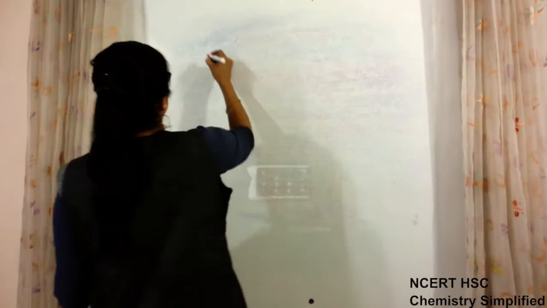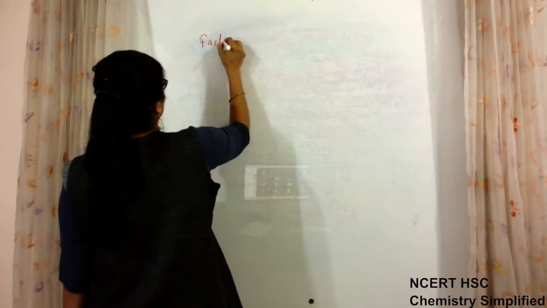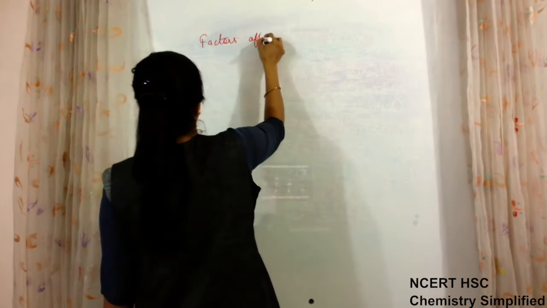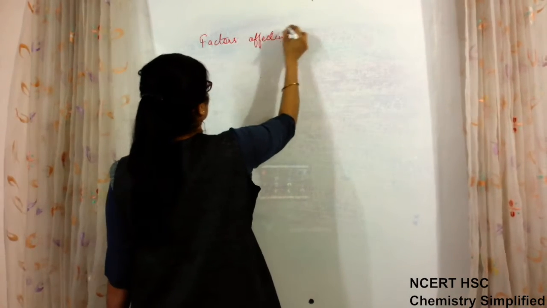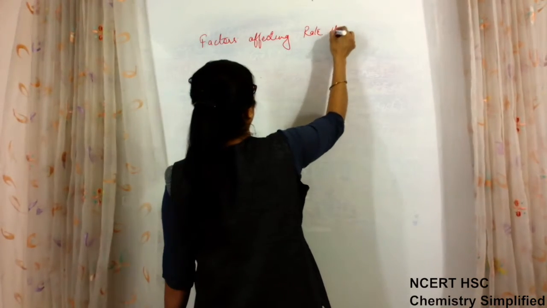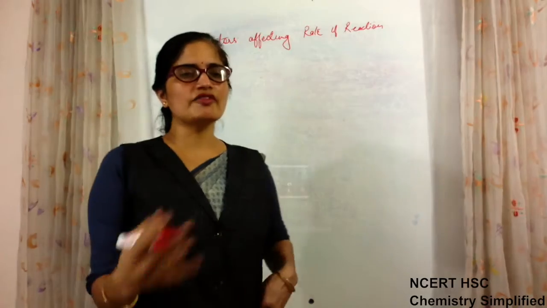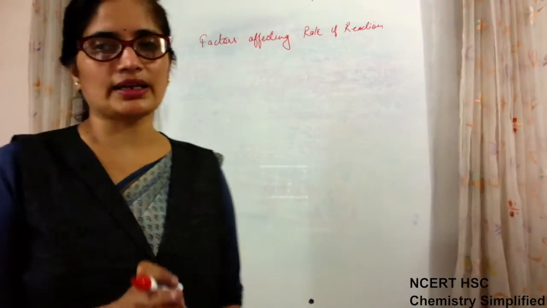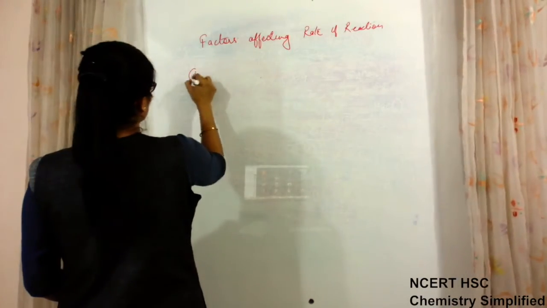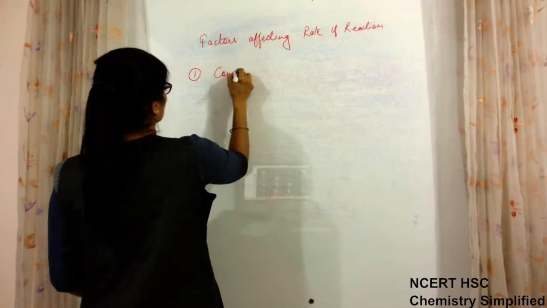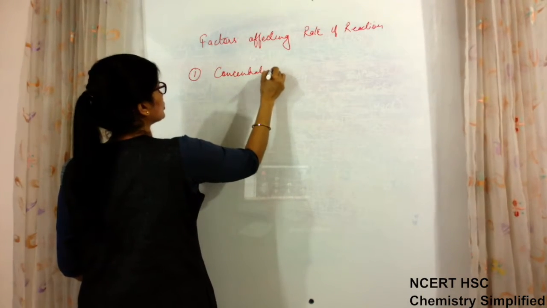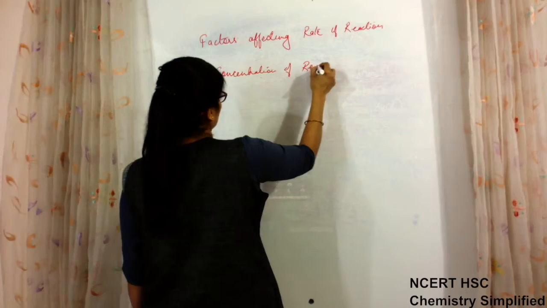Now, factors influencing rate of a reaction. Factors affecting or influencing rate of reaction. Means a reaction can become fast and slow by 3 factors. First factor is concentration of reactant.